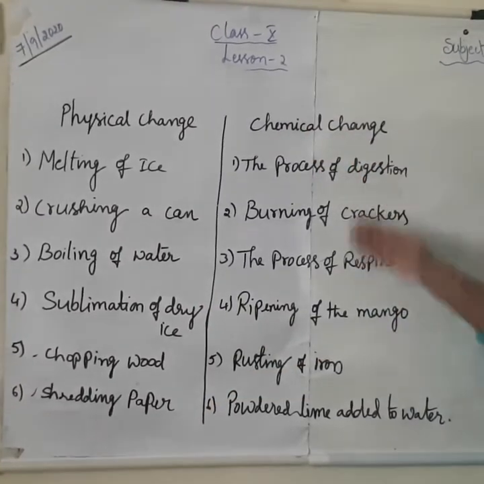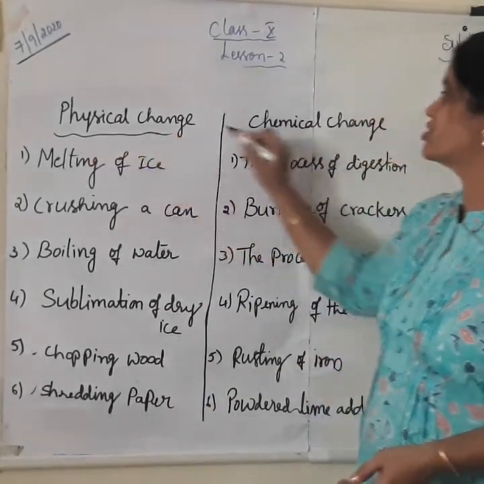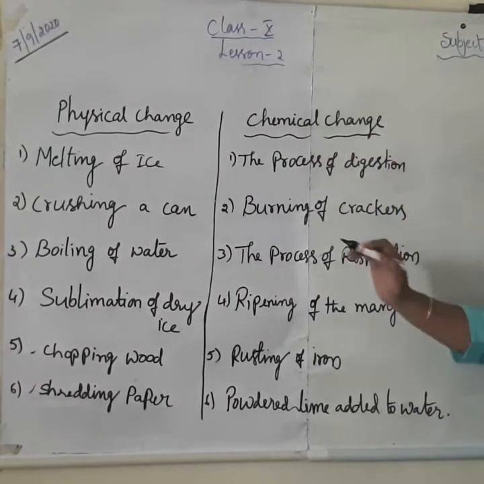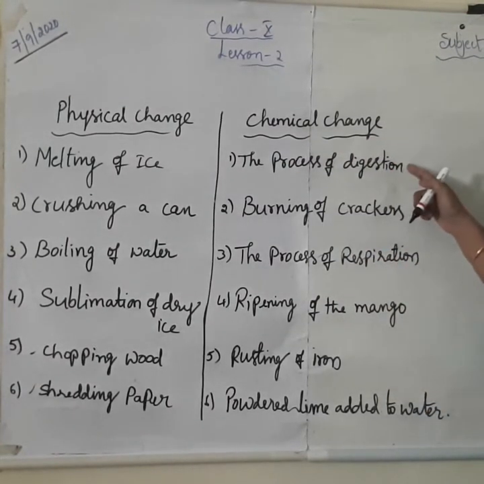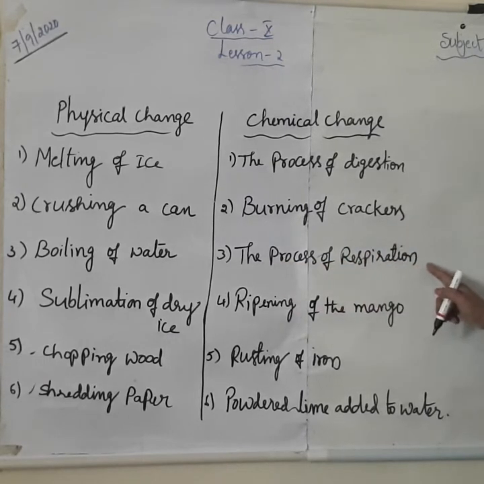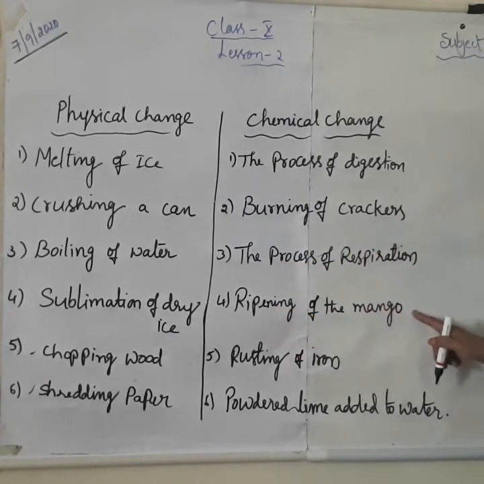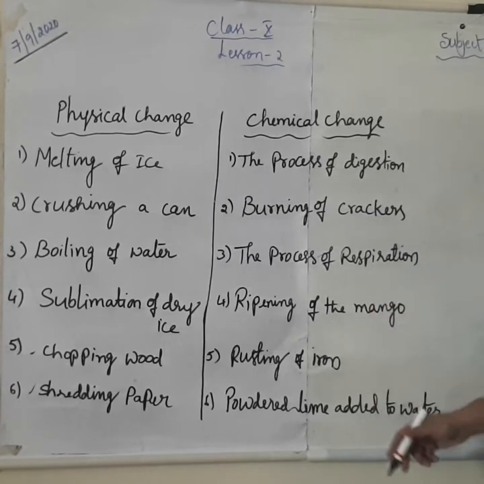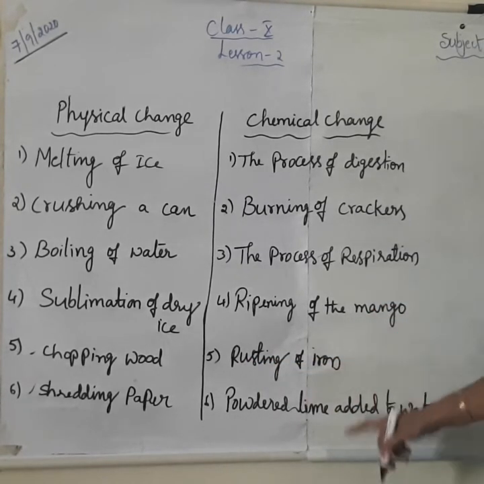Now coming to chemical change: the process of digestion, burning of crackers, the process of respiration, ripening of the mango, not only mango, any fruit you can take, rusting of iron, and powdered lime added to water.